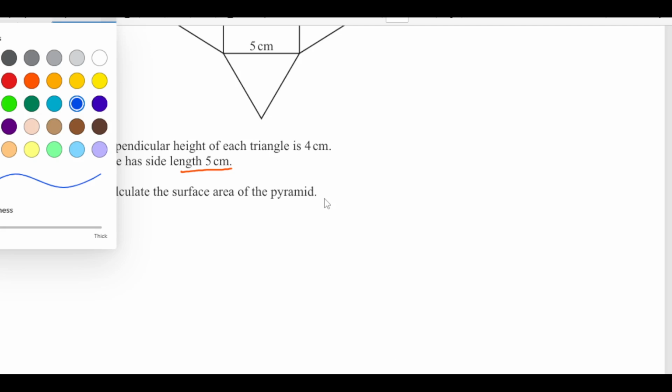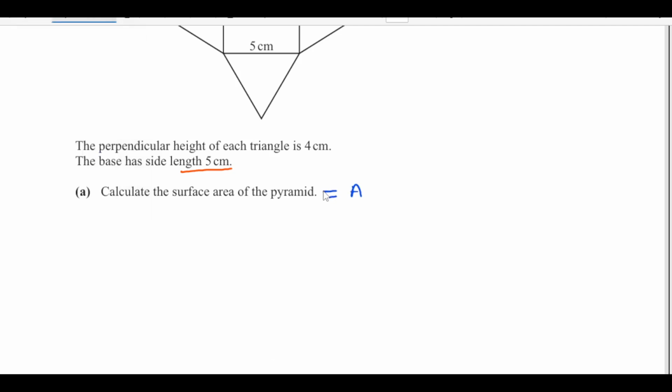Area of the pyramid is going to be area of square plus 4 times area of triangle, right? So area of square is length times width, I mean L squared, because length and width are the same, and the triangle is half times base times height.